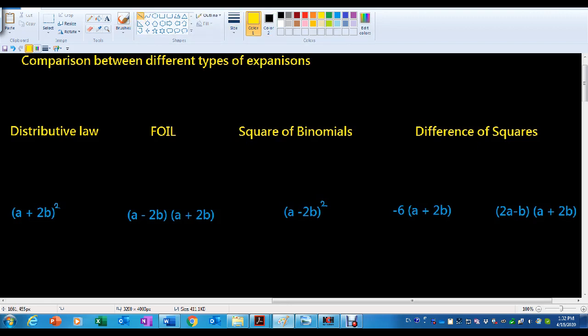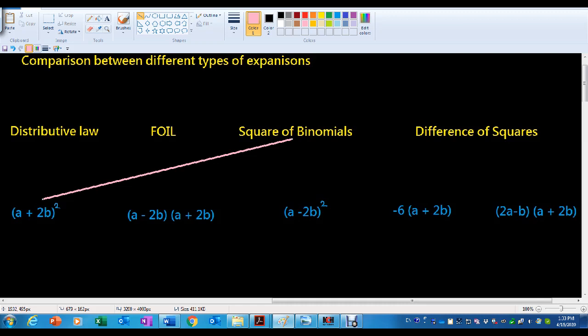The first one, a plus b squared. So you see a square there, so it must be the square of binomials, right? Okay, so let's link this one to here. How about the second one? That's a minus 2b times a plus 2b. So what type of question is it?